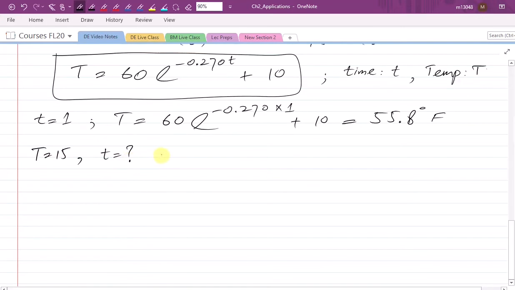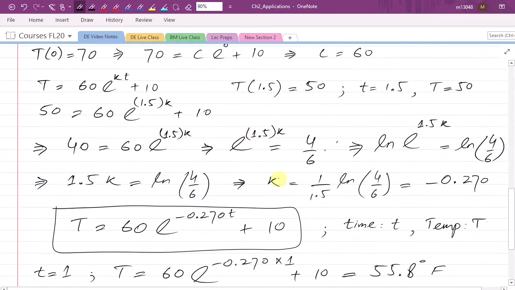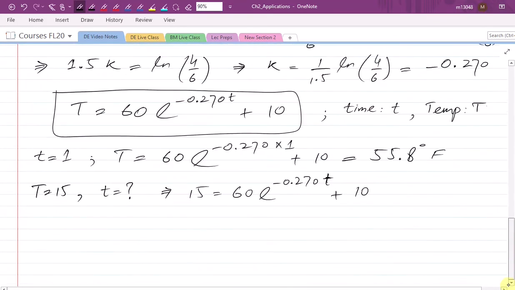And then what we do is, this means 15 equals 60 e power minus 0.270 t plus 10. So this t we have to find, just like k, we will use the exact same trick. We'll send the 10 to the other side, so it will become 60 e power minus 0.270 t equals 5.